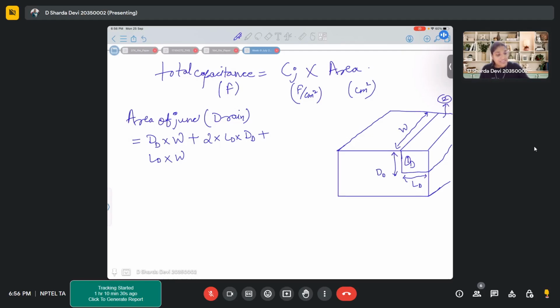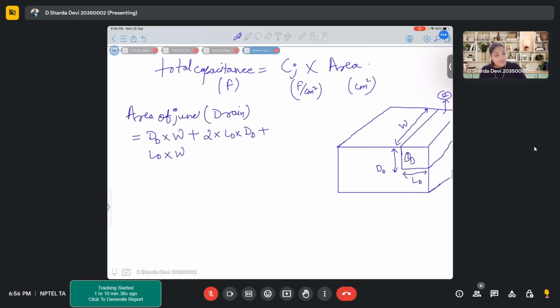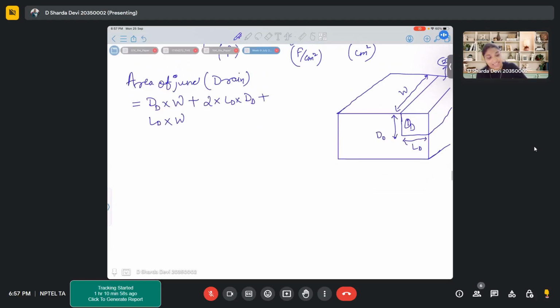What about this side face? Will it come into picture or not? DD into W, right? So there will be another factor because of this DD into W. So here it will be 2 times.